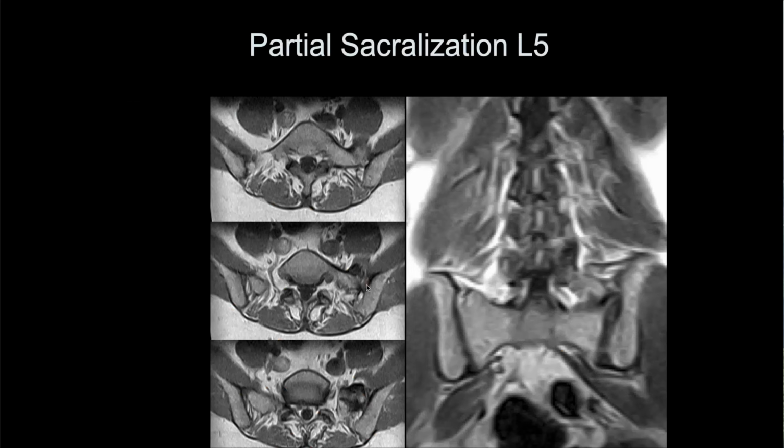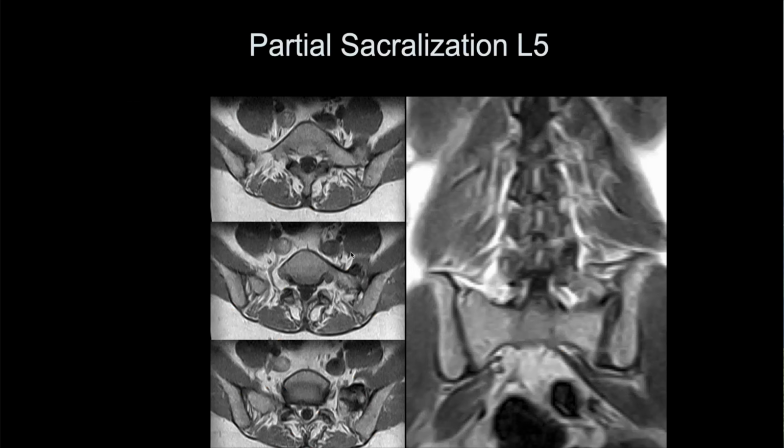The problem with this is that it changes the stress characteristics through the lower spine and makes it asymmetric. It's at L5-S1, where the lateral process of L5 actually articulates with the sacrum. It can be on one side or both sides.